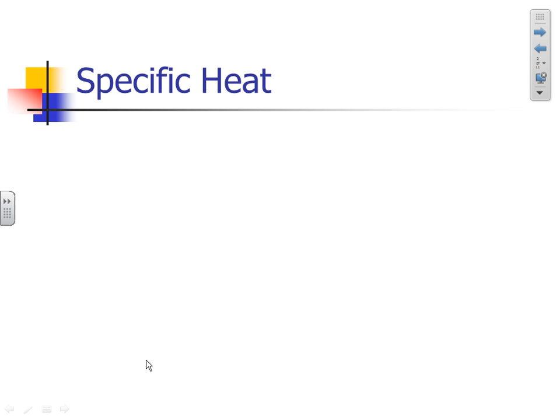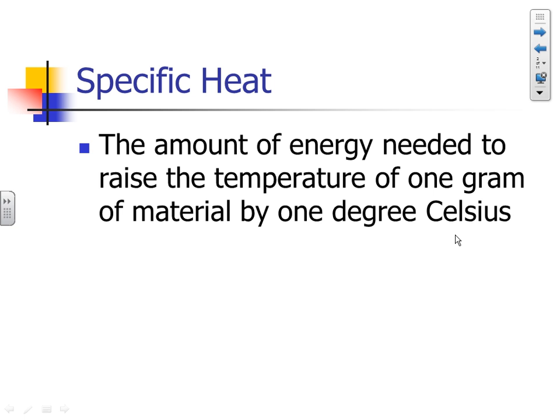One big factor that it depends on is called the specific heat of a substance. By definition, the specific heat of a substance is the amount of energy needed to raise the temperature of 1 gram of a material by 1 degree Celsius.